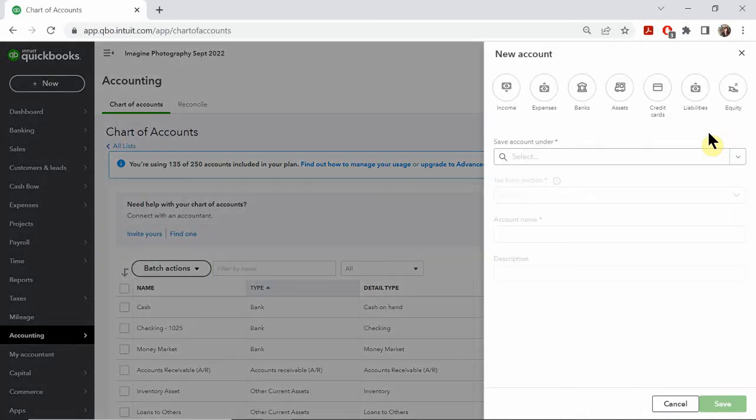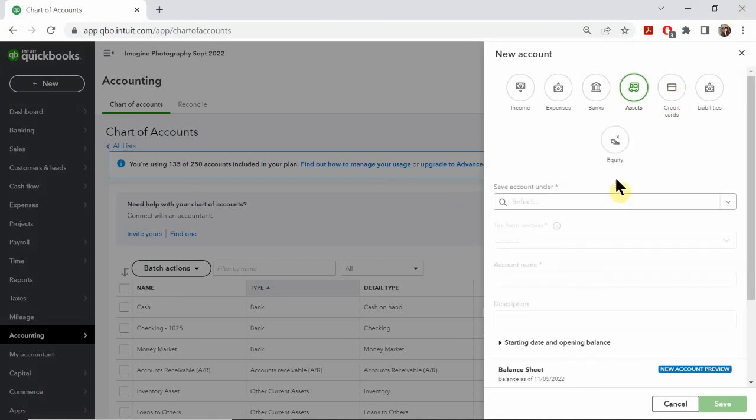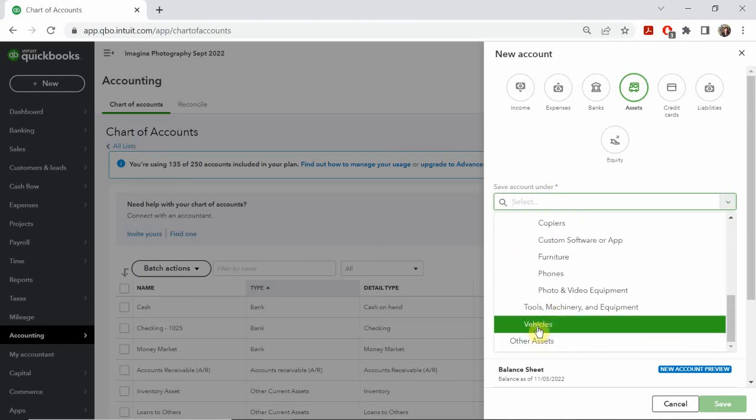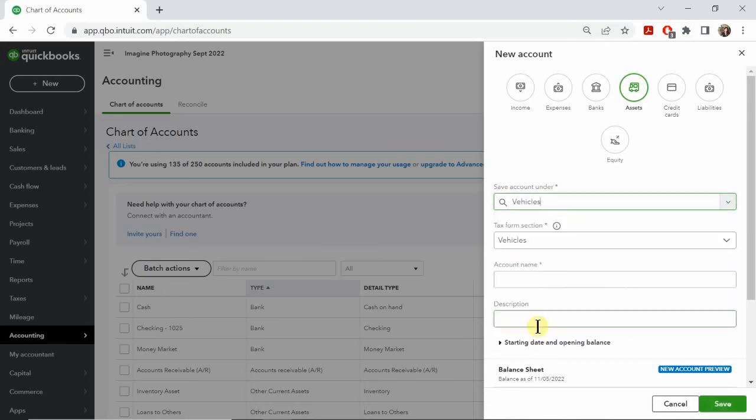We're going to associate this to a fixed asset, so in this case we have assets, and this is going to be under fixed assets, under vehicles. So we have vehicles, and we're going to call this account name cargo van.